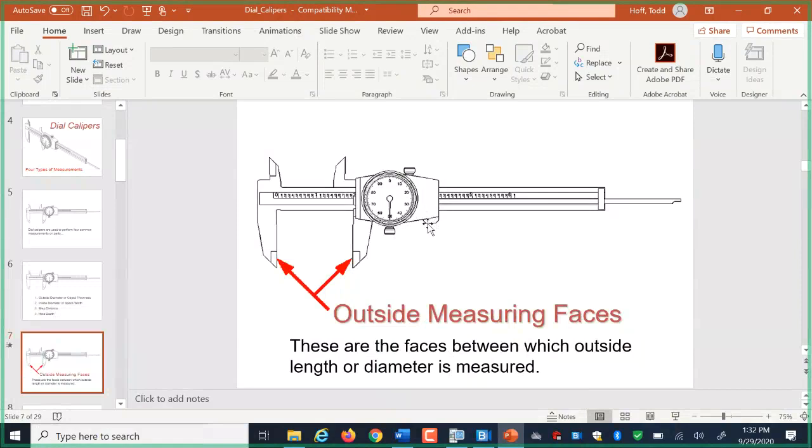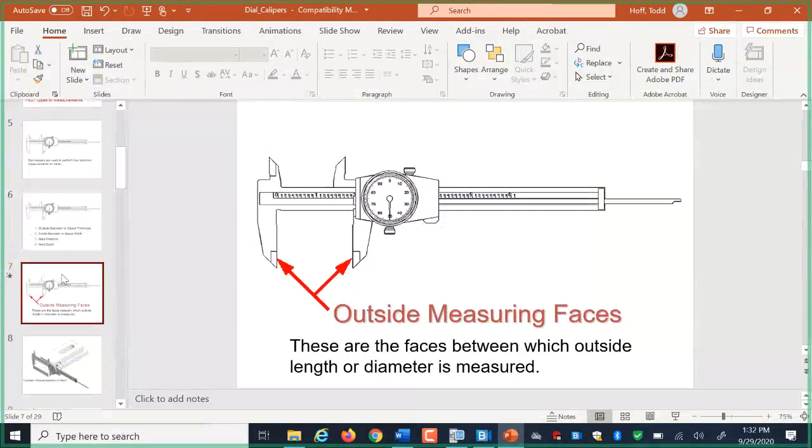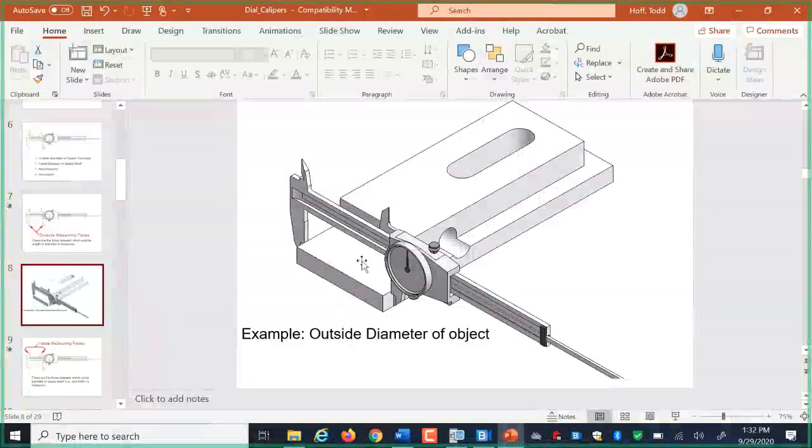It's a slip wheel that you use with your thumb to tighten it down. And when it hits the surface of the object, that wheel will slip so that you can't over tighten it and sink into the surface if you have a softer wood or a plastic or whatever material that you're measuring. You put the object in between there and tighten it down. This is way more precise than using a tape measure or ruler.